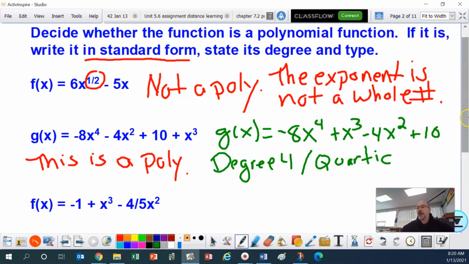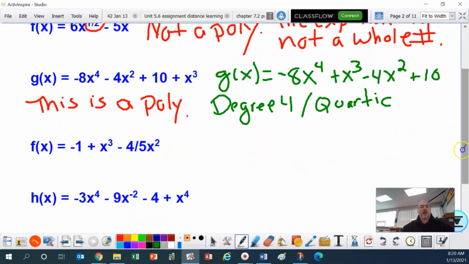All right, let's look at the next one. I look at the exponents, 2 and 3. Yep, those are whole numbers. Now I look at the coefficients. We've got a 1 in front of the x cubed, and we have a negative 4/5 in front of the x squared. Yep, those are real numbers, so all good. So this is a polynomial.